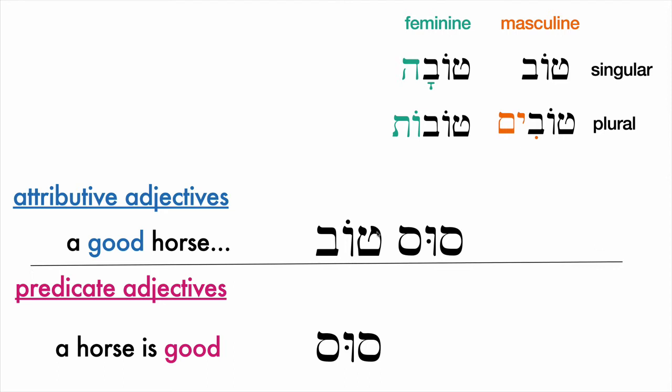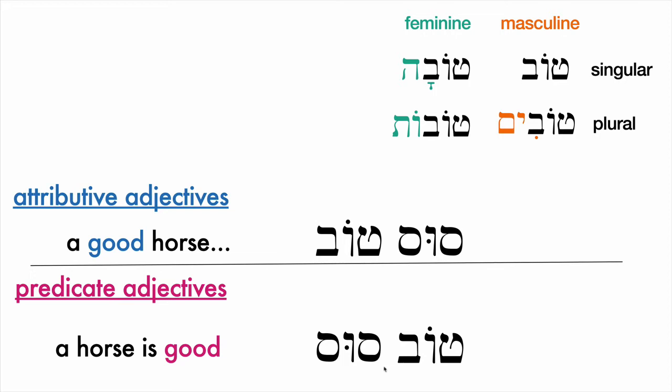By putting the adjective after the noun, the word order is critical here, you show that this is an attribute. It's an attributive adjective. A good horse, ... We haven't said anything about the horse yet. By contrast, we simply reverse this to say a horse is good, tov is a sus.